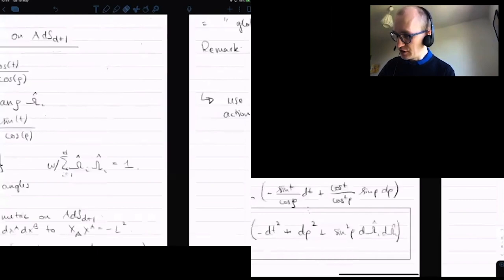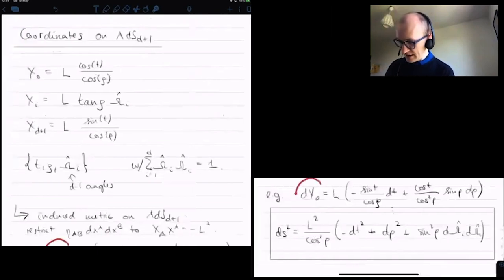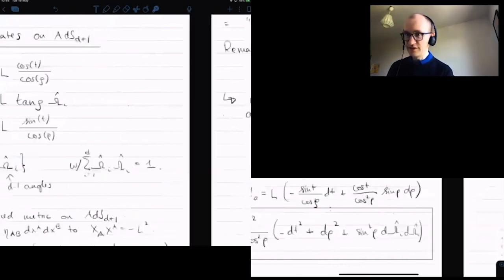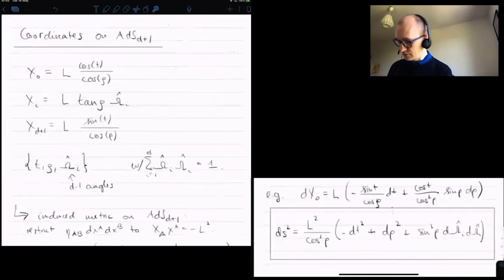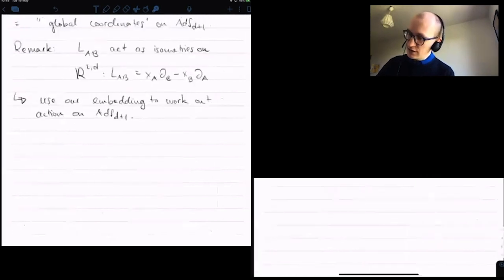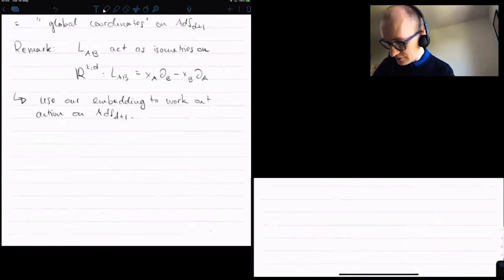You do the same thing. Remember, we just did, for example, ∂/∂X^0. This became an expression in terms of dt and dρ. So obviously ∂/∂X^0 will become some expression in terms of derivatives with respect to the coordinates. And so this constructs the killing vectors.